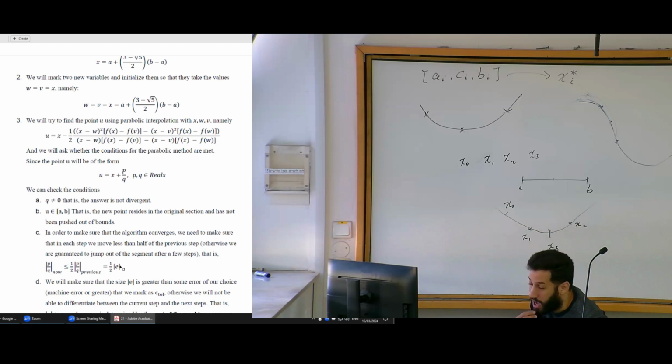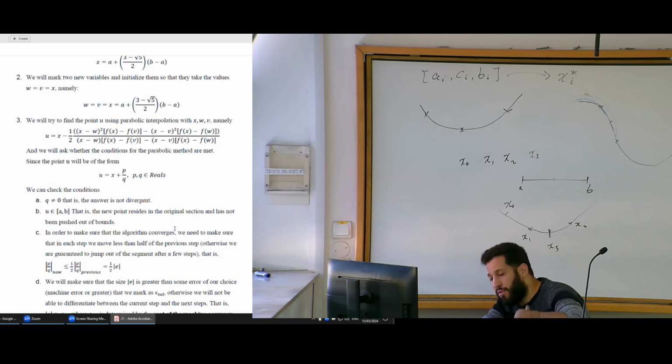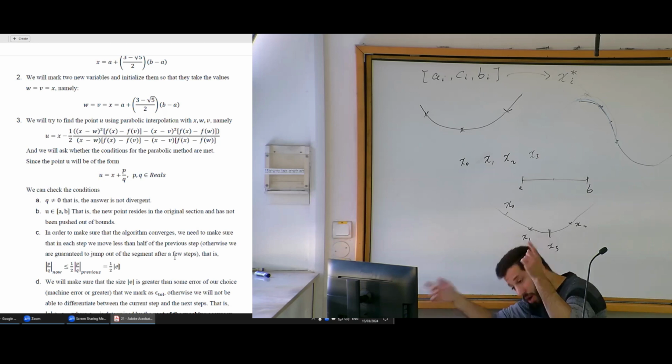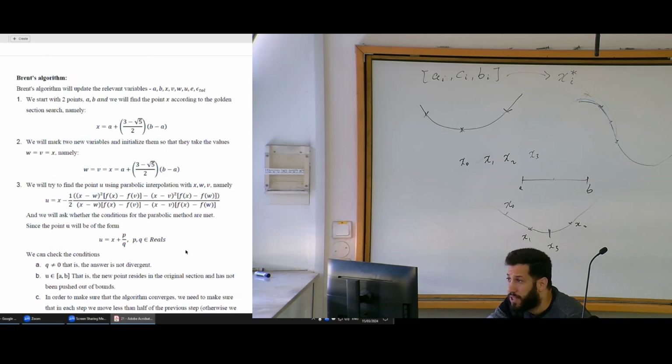That's my way of guaranteeing that the process will converge. I will reject this method and go to the golden section method, which will shrink the interval and make it smaller. So I will always make improvements in my section. Okay, so that's Brent's method.